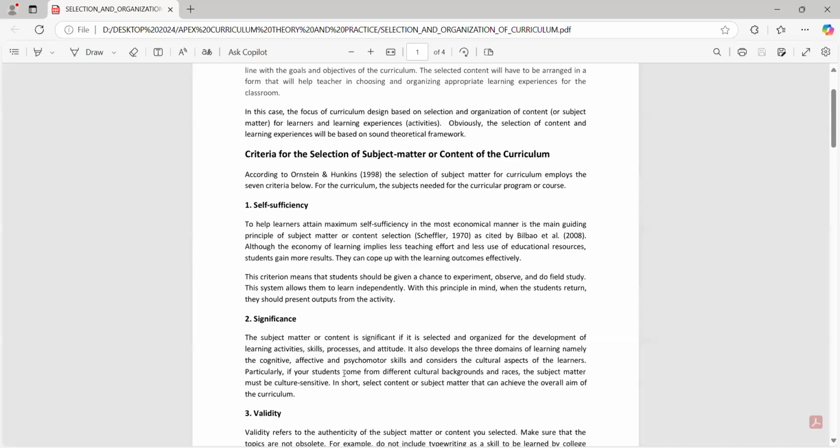So the subject matter you select should definitely be helpful for them to develop it to the maximum possibility. So it will help them to engage in self-learning, develop it further on their own. So it should be economical when it comes to the efforts, use of resources, etc.